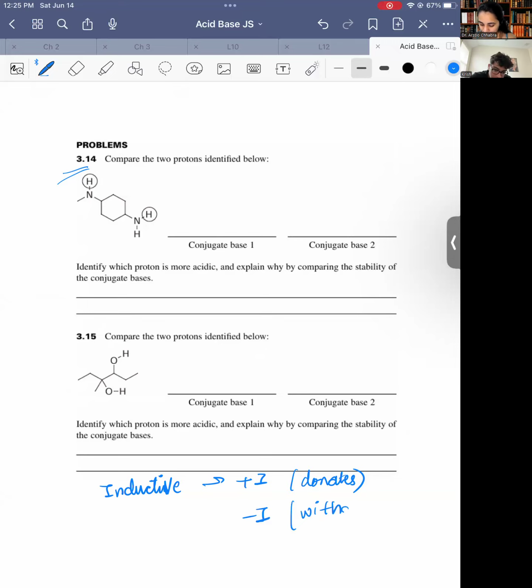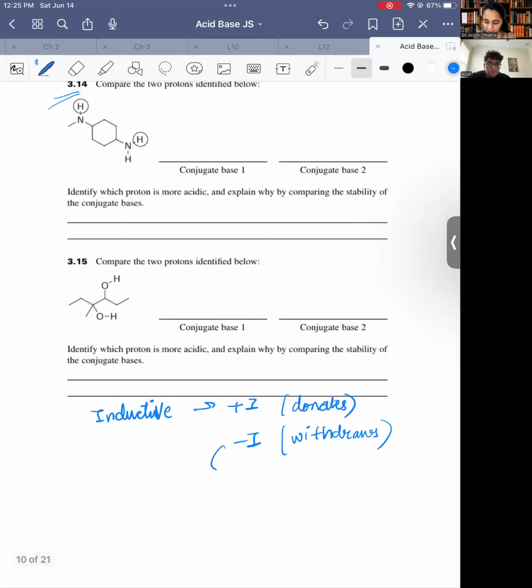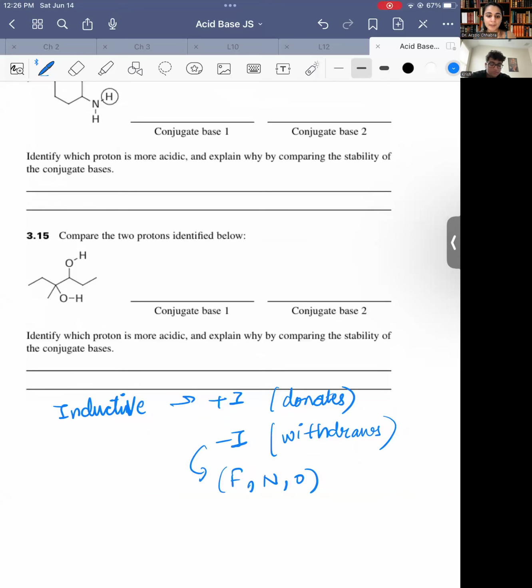And the minus I effect is usually seen with electronegative atoms: fluorine, nitrogen, oxygen. These are electronegative atoms, so they will withdraw the electron density. But when we have atoms like mostly carbon, that atom actually donates the electron density.